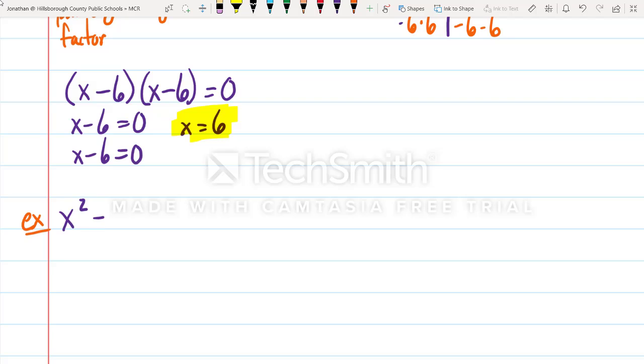No, not 8x. Minus 8 will come at the end. Okay. And then plus 2x minus 8.